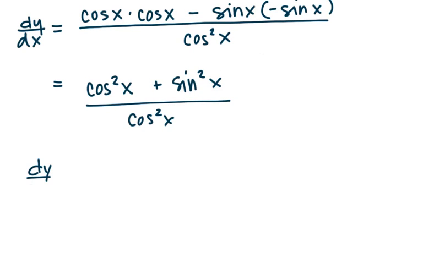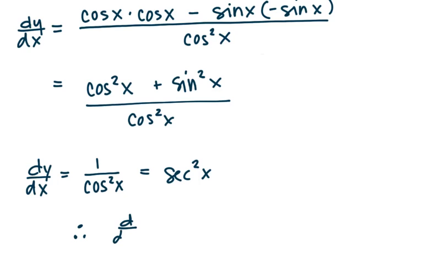So here I have dy dx equals 1 over cosine squared x. And that is secant squared x. Remember, secant is reciprocal to cosine. So therefore, the derivative with respect to x of tangent x is secant squared x.